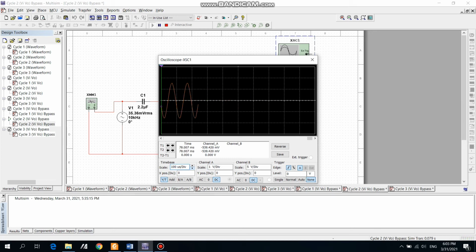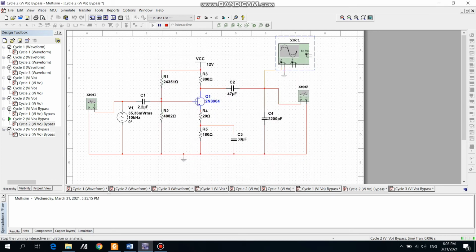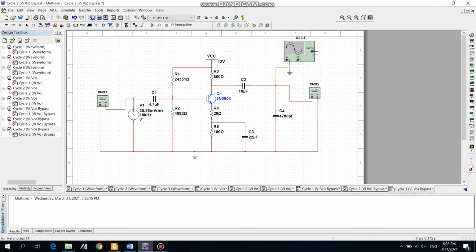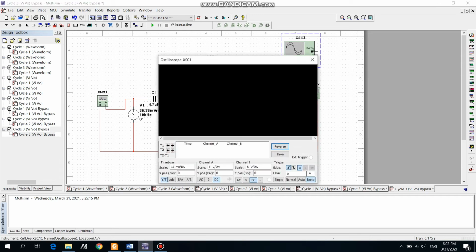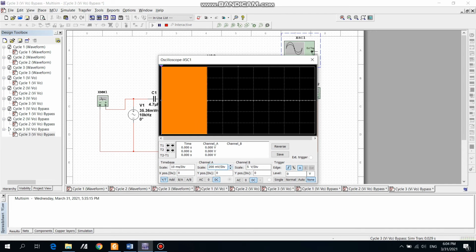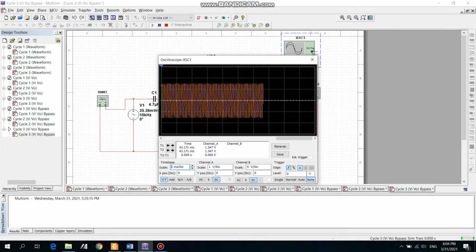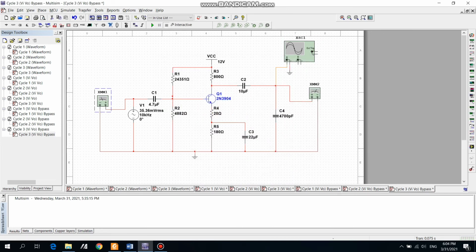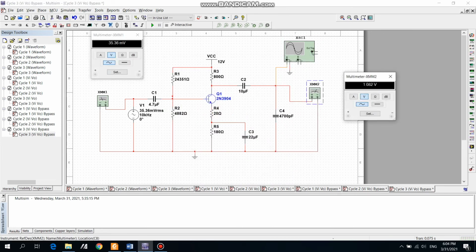So no distortion occurs, and then we see the multimeter voltage, and then we go to cycle 3. This is the cycle 3 set of values. So same thing, we observe the waveform first. So no distortion occurs, and then you see the multimeter value.